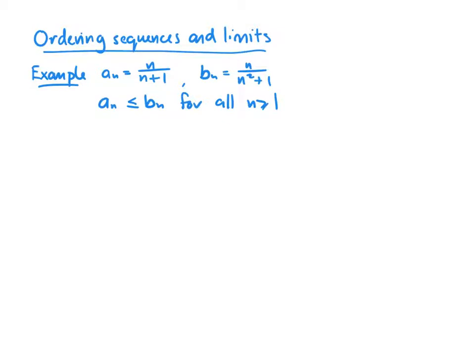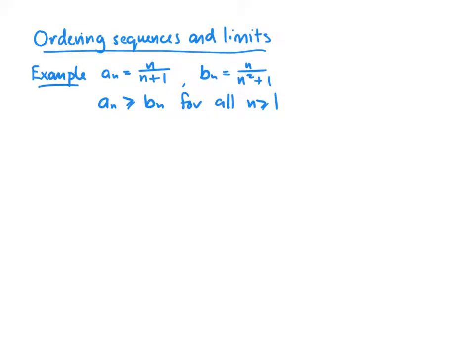Right, so b sub n generally has the denominator greater than or equal to the denominator in a sub n, and so this goes the other way. Sorry, so actually, right, my inequality is doing this. Right, a sub n is greater than or equal to b sub n for all n greater than or equal to 1, because b sub n has the denominator that's greater than or equal to the denominator for a sub n.